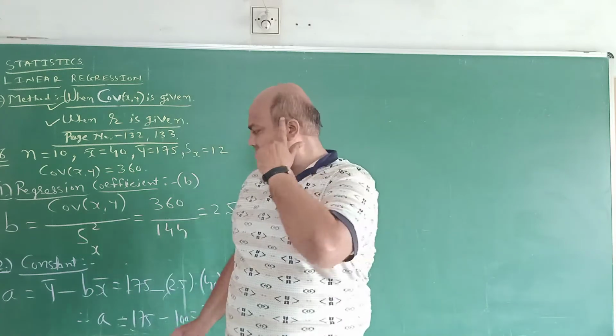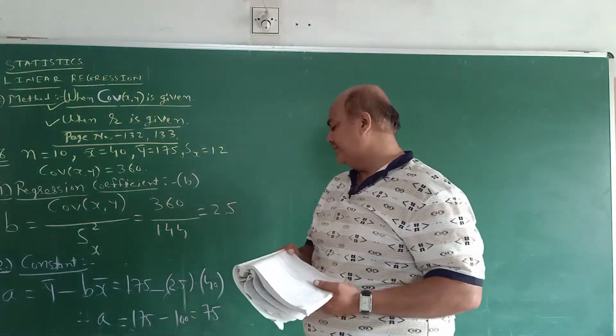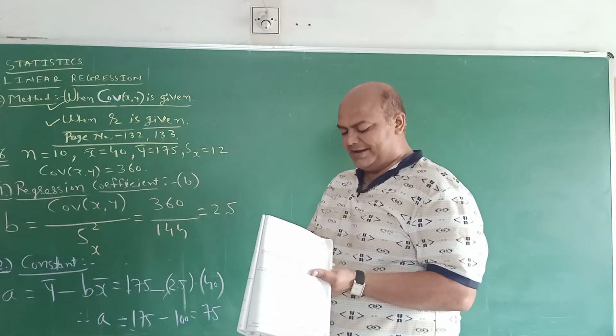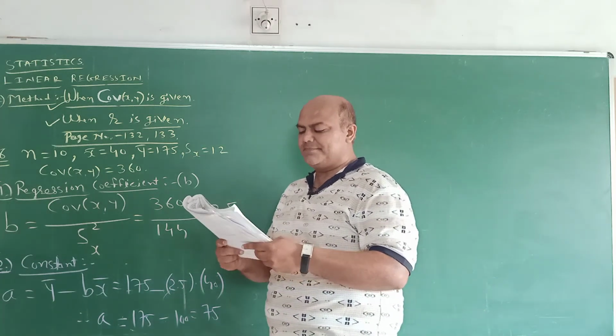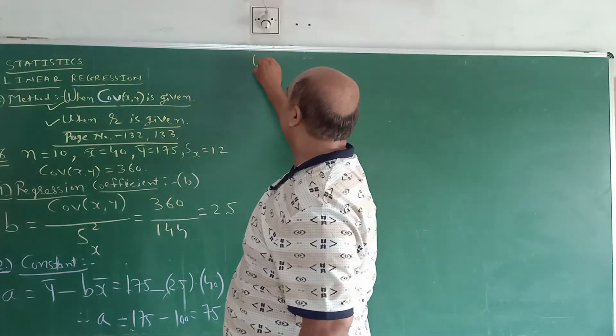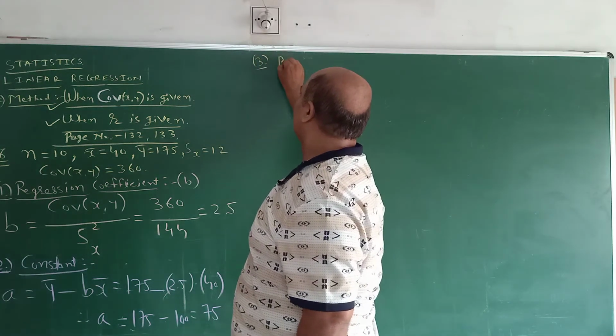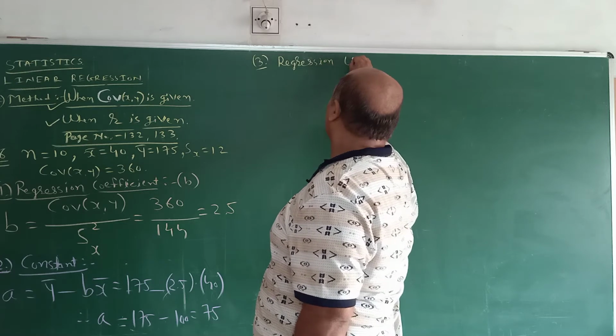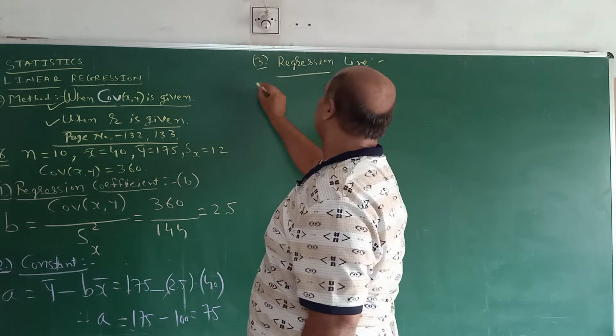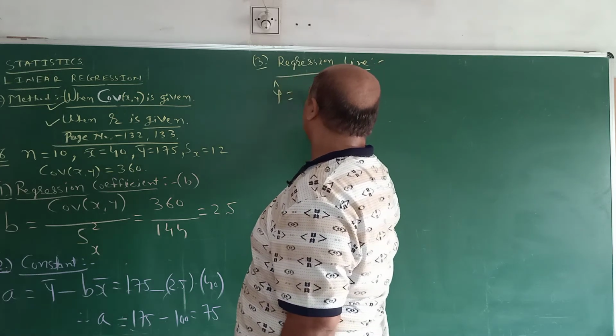The second step is constant. Constant is 75. Student, the third step is regression line, that is y cap.